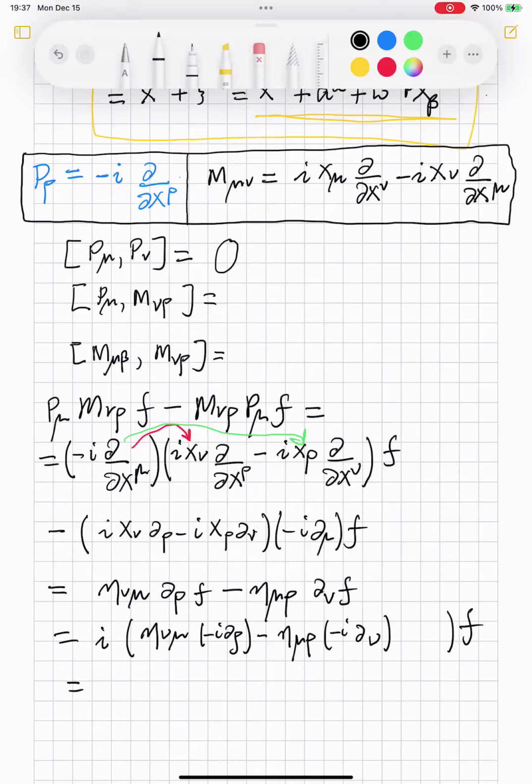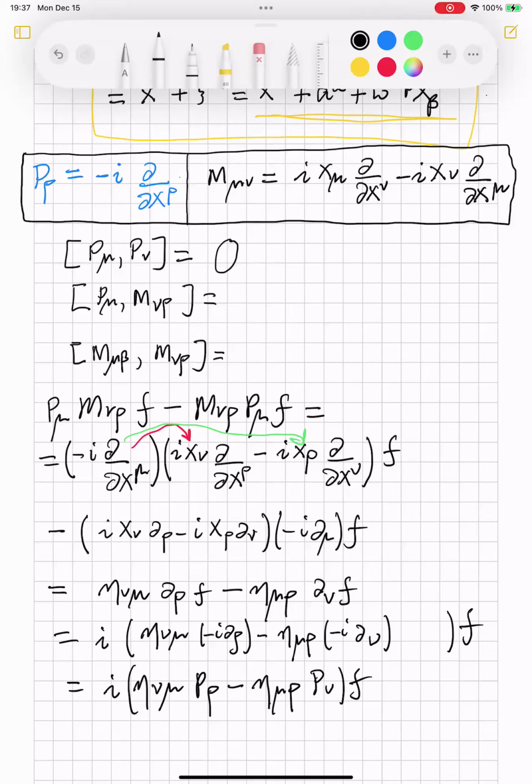But you see, what's nice is I can now write this as i eta nu mu, and then minus i d rho is p rho, and then we've got minus eta mu rho, and the minus i d nu is just p nu on F.